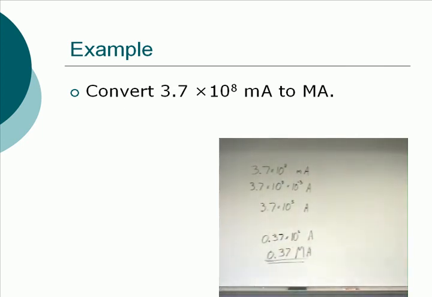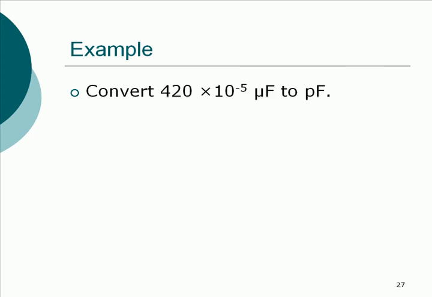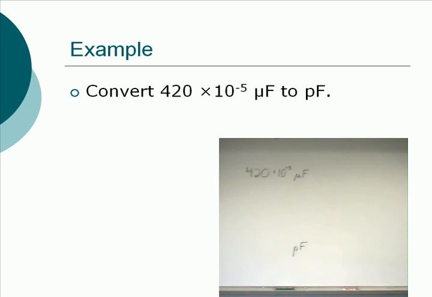And the last one of the day here. Let's do one more and call it good. Let's convert 420 times 10 to the negative 5th microfarads to picofarads. Well, you guide us through this.